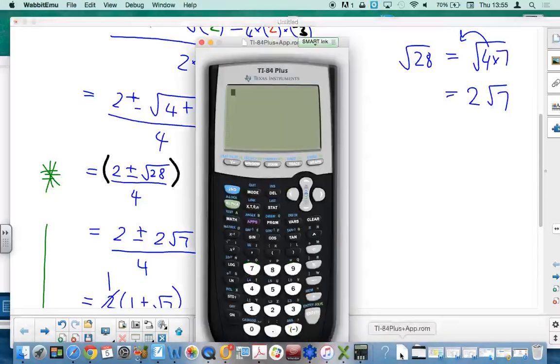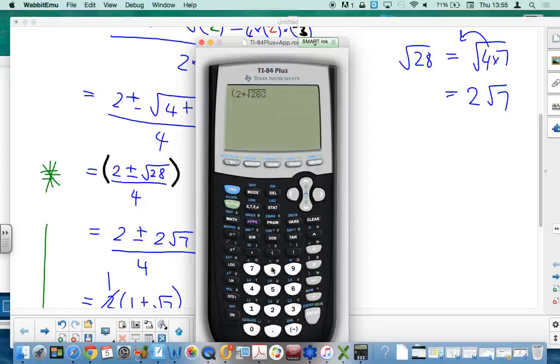So when I'm doing this on my GDC, I need to put the brackets in first, which is that button. Now you have to do each one separately. I'll do the plus one first, plus the square root, second function, square root. And what was that number? 28. And now I close the brackets.